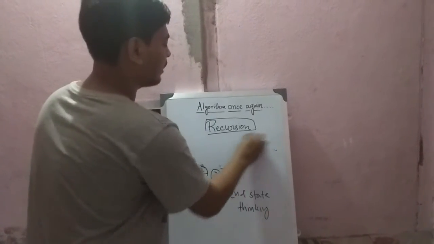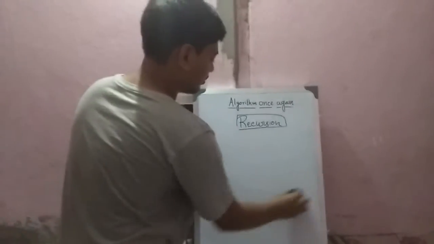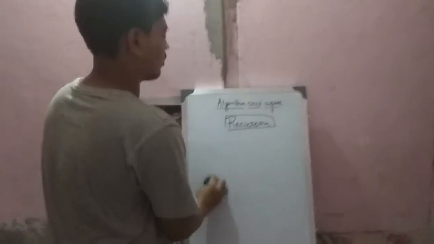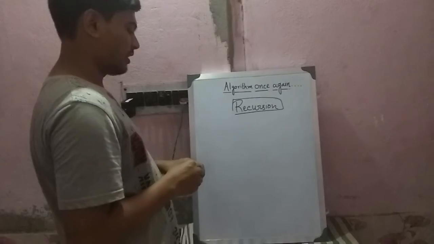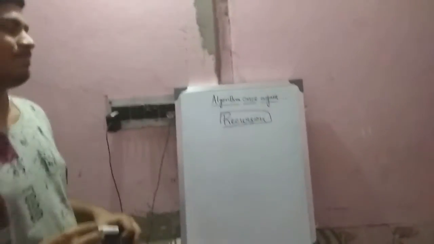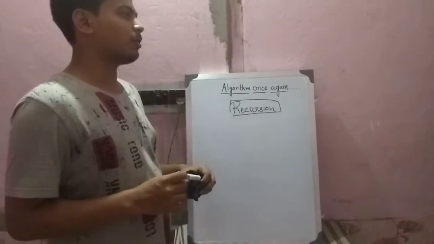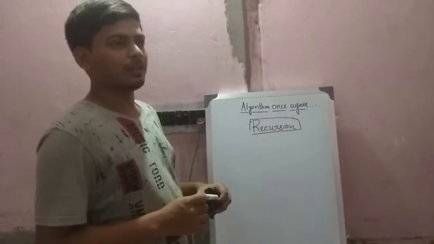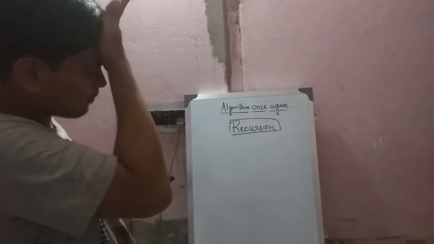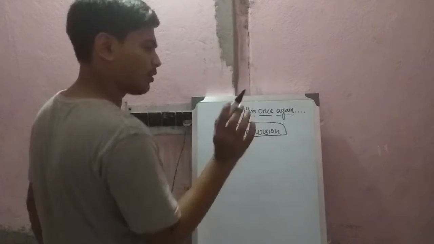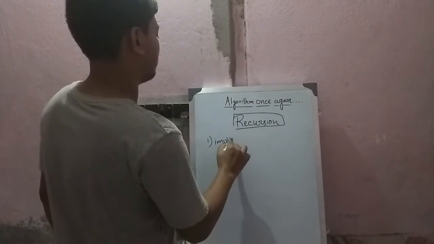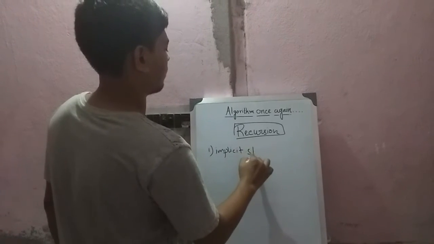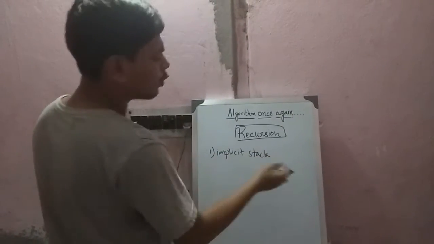Many of you might have a question: what is more efficient, recursion or iteration? See, iteration is more powerful than recursion, because of a concept called the implicit stack. Please don't get into the jargon.